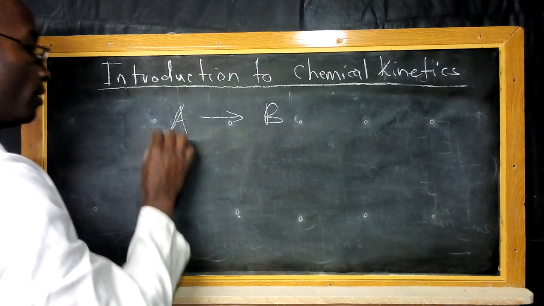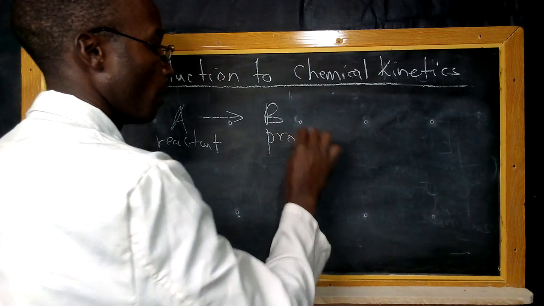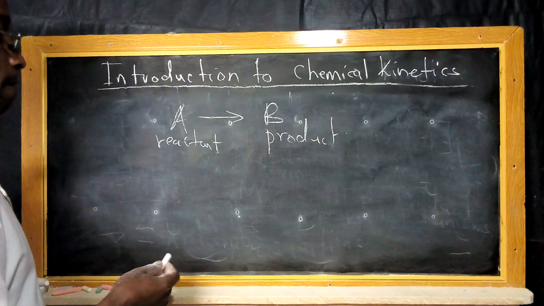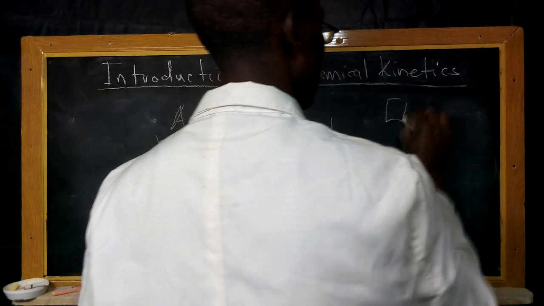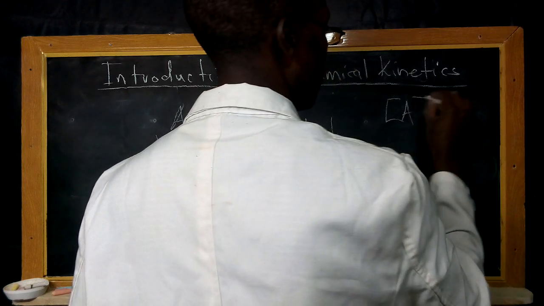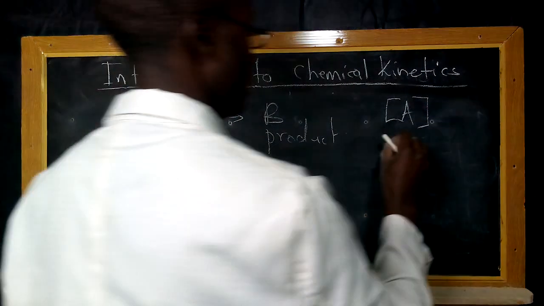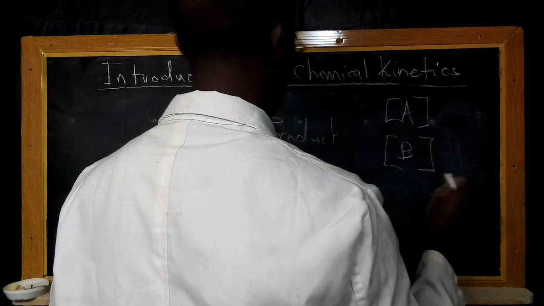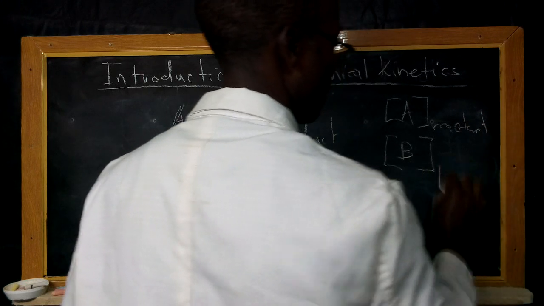This is a reactant and this is a product. We have said that we denote the concentration for the reactants by the square brackets of A and the products by the square brackets of B. So this is a reactant and this is a product.